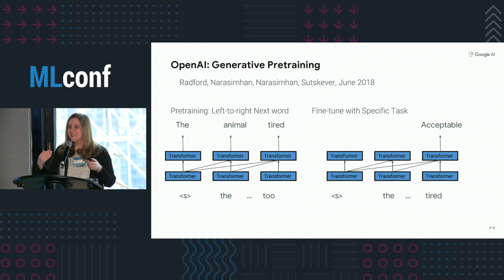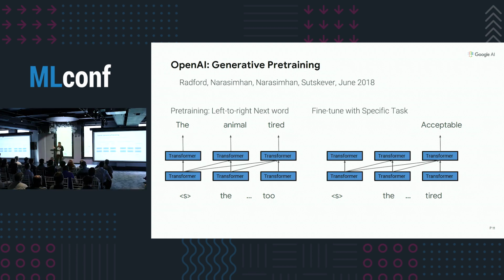You can make these distinctions on the basis of the grammar, on the basis of the topic. So you have to have learned a fair amount of language to do well on this task. And so what they did is they pre-trained the model on this next word prediction task. And then they took that entire network and used that to initialize their network for whatever task they actually wanted to do. So they looked at classification tasks.